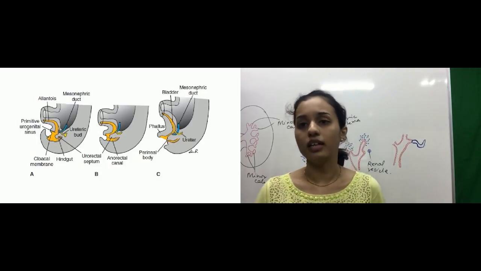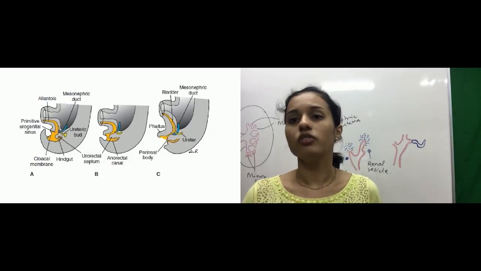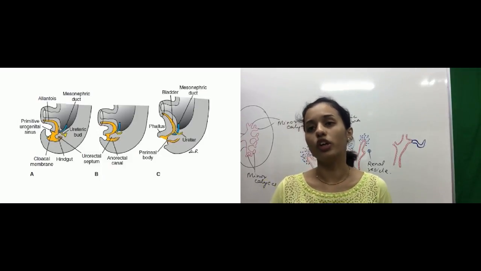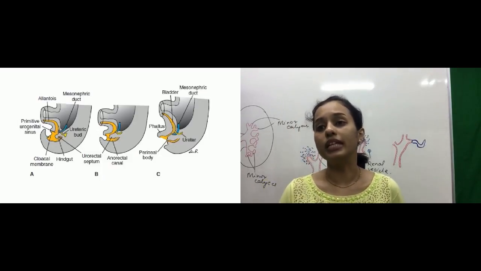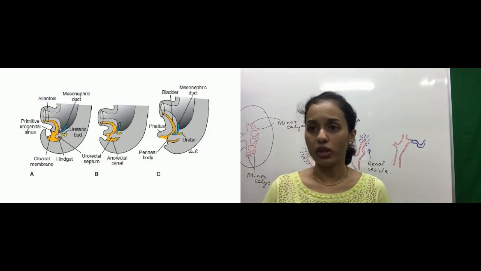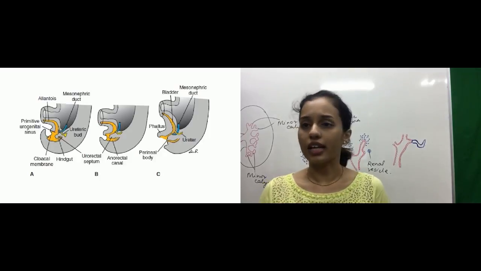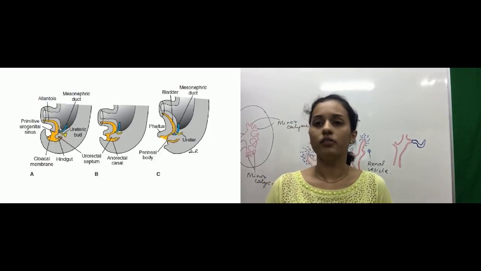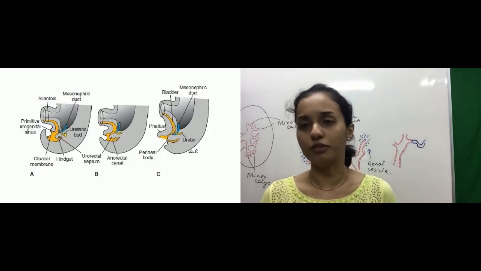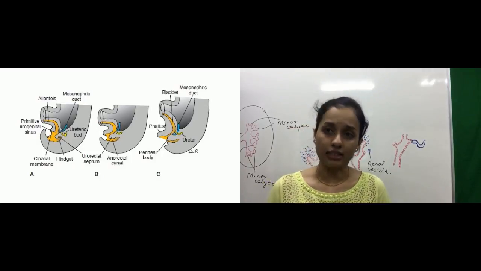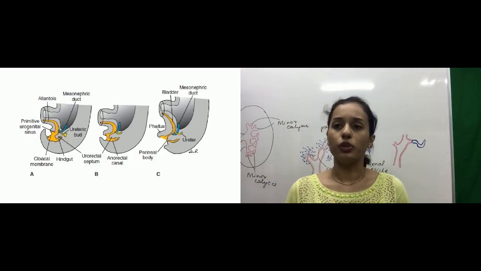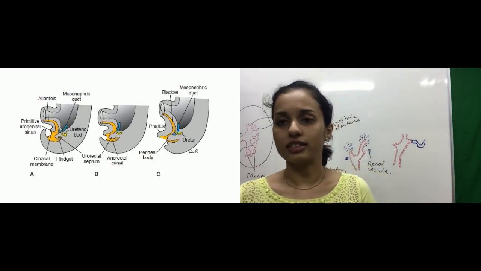The terminal part, which elongates in the male, is called the phallic part, and contributes to the development of the penile urethra. There is a great difference in the development of the lower part between the sexes, which I will talk about in detail in my next video on the development of the genital system.